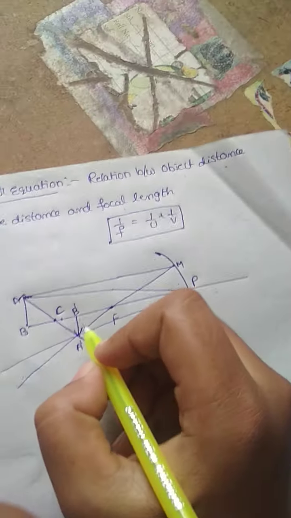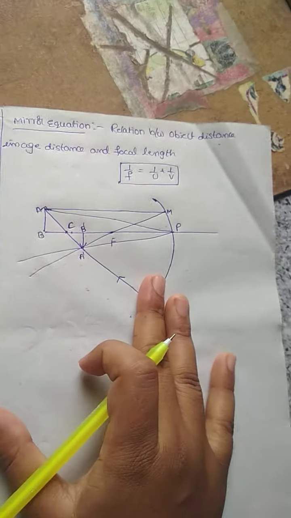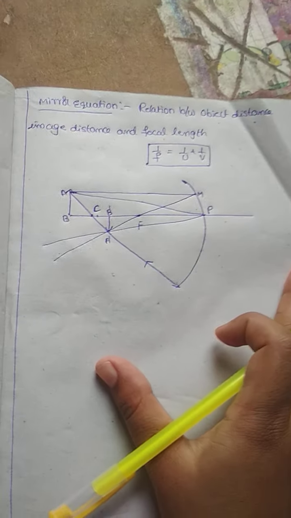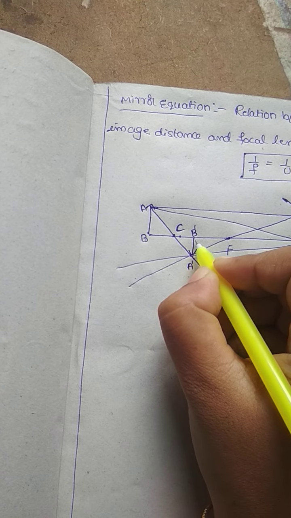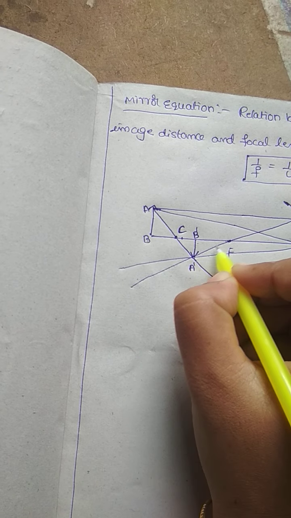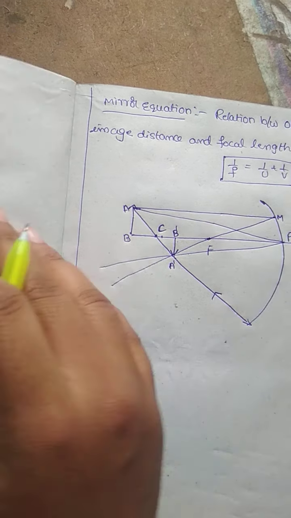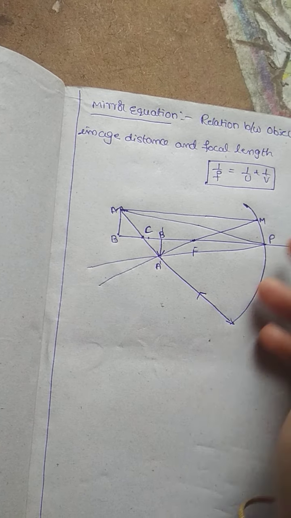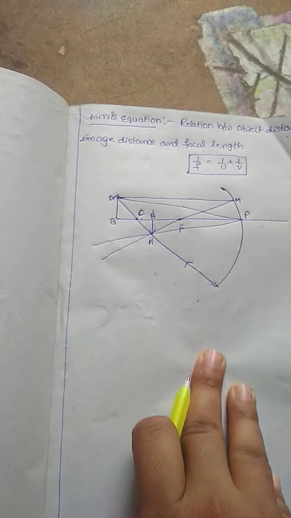In this triangle, A dash B dash is one of the sides and B dash F is another side. So this is the hypotenuse. In this triangle, FP is one of the sides and MP is one of the sides. The ratio of these sides are equal.